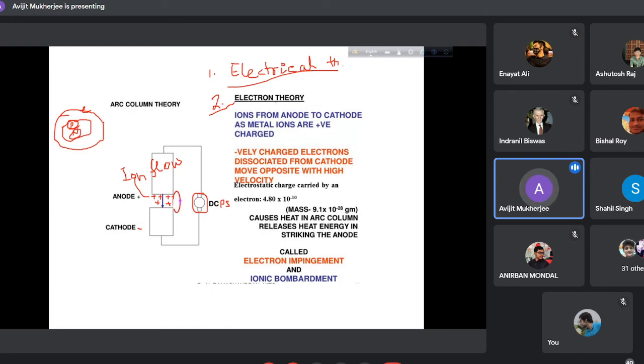So this is the shell or orbital path. This is a nucleus, and outside the periphery there are orbital paths or shells. A number of shells may be there: K shell, L shell, M shell, N shell.